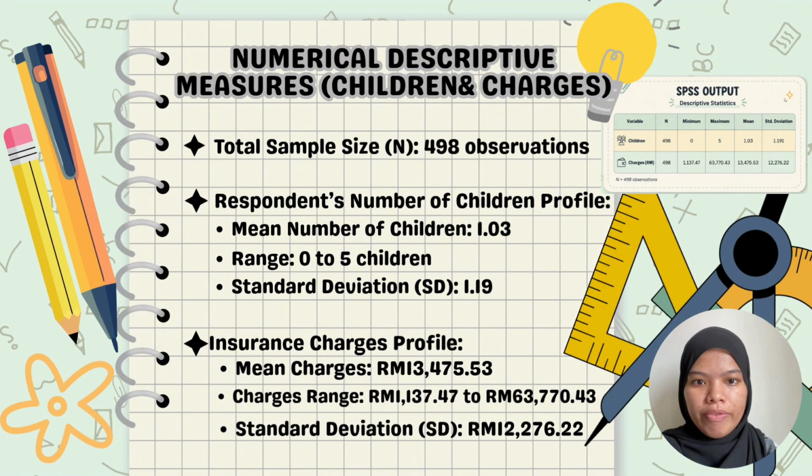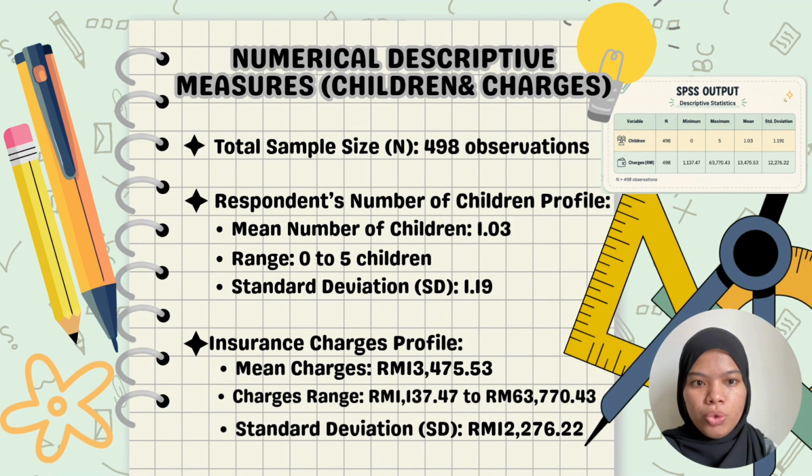The standard deviation is 12,276 ringgit and 22 cents, which shows a large variation in insurance costs among respondents.